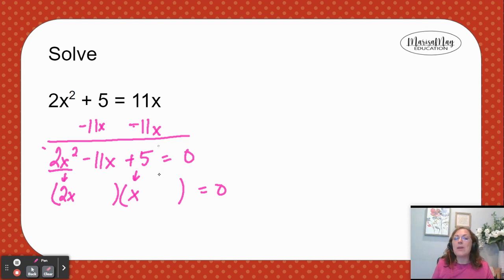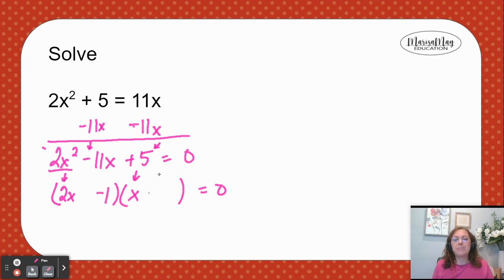Our next step, we have to think about what would multiply to give me positive 5, but is going to add to give me a negative number. You're probably thinking -1, -5. You would be correct. But we have to be careful where we place the -1 and the -5.